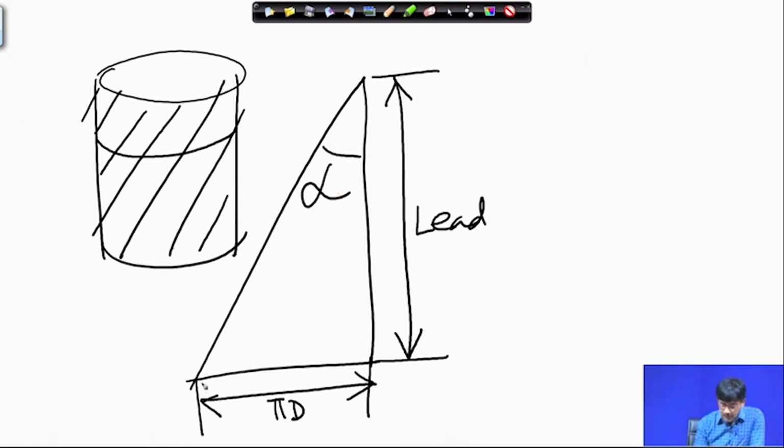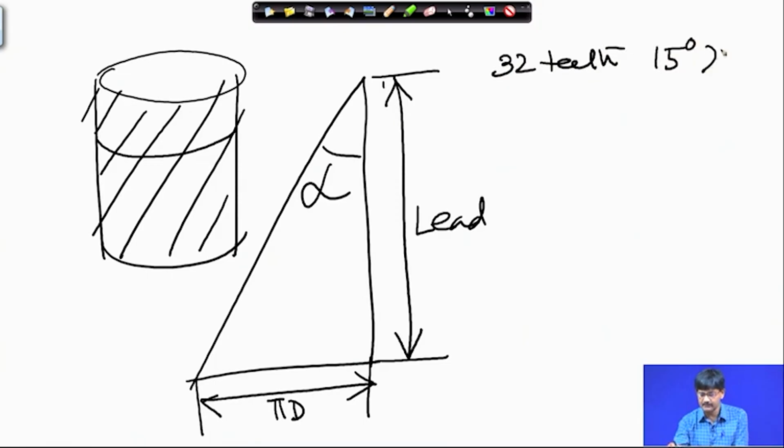How much is this value, and how much does the table have to travel? The table has to travel this much, and during that time the workpiece has to rotate once. The workpiece has to rotate once during the time that the tool moves by this much. So, suppose the lead is given to us. If it is not given to us, something else must be given to us. Say you will be given something like 32 teeth, then maybe 15 degrees helix angle, all these things.